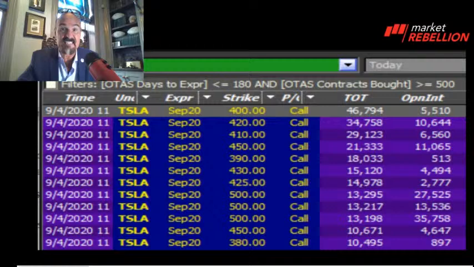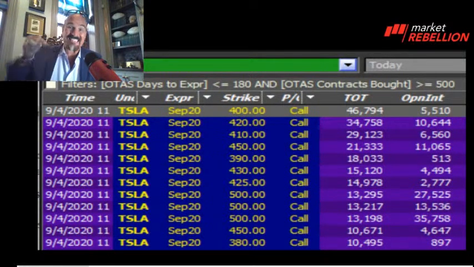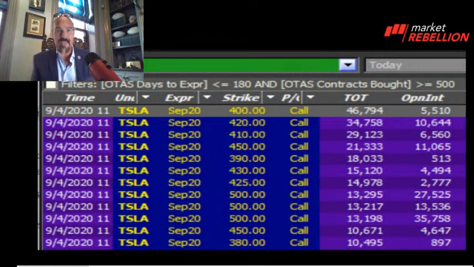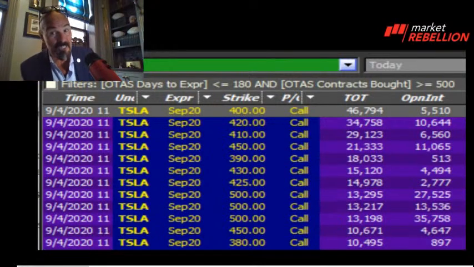That, my friends, is a ton, because the open interest on a stock split also changes along with the volume and the price of the stock. So this is 9 times the open interest changing hands today in Tesla at the 400 strike that expires today.